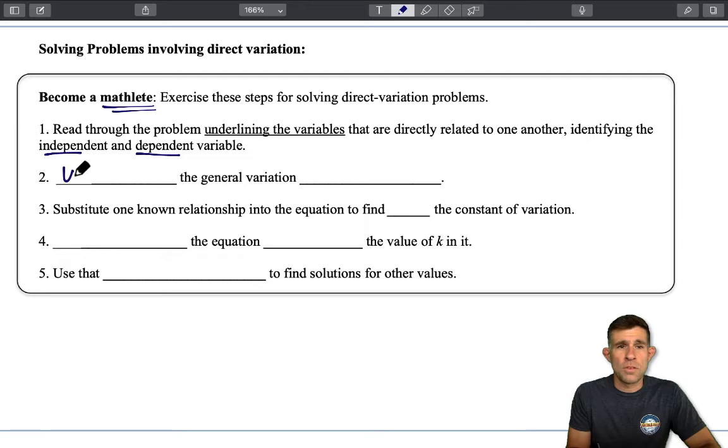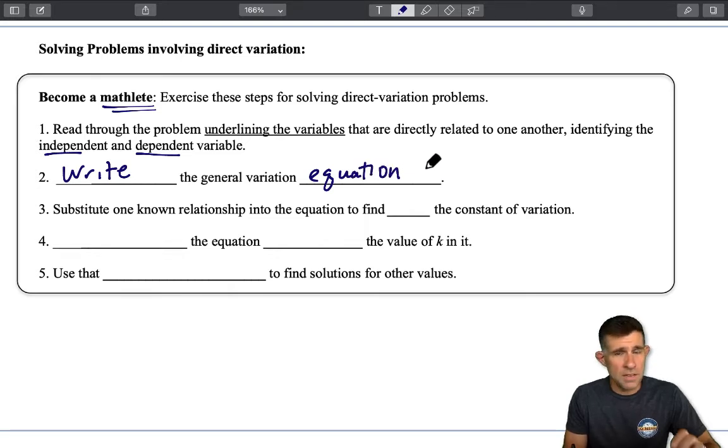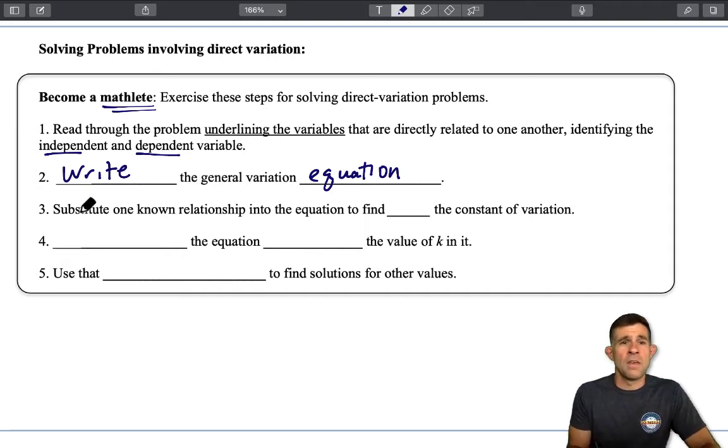Next up, you are going to write the general form of the variation equation. Now, keep in mind the general form typically just has the variables in it and there are no numbers. Substitute one known relation into the equation to find k, the constant of variation.